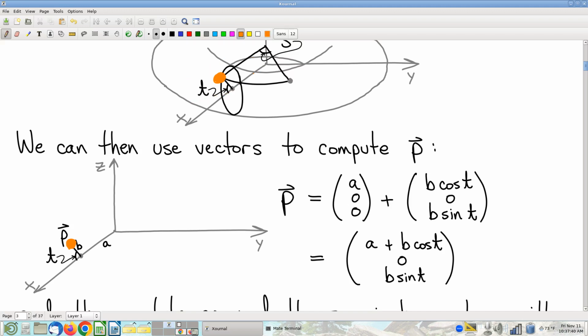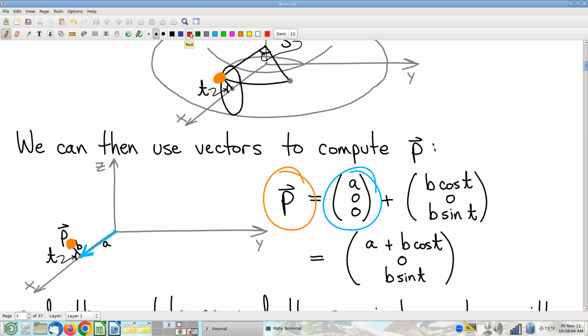I can describe that point by observing innocently that it's this vector, which is easy to write down. That distance is given to be a, and this blue vector is in the x direction.